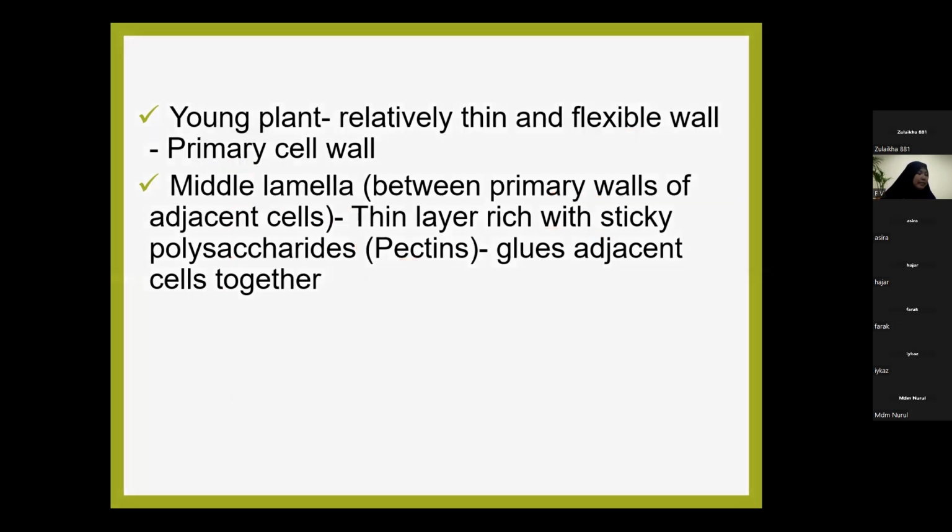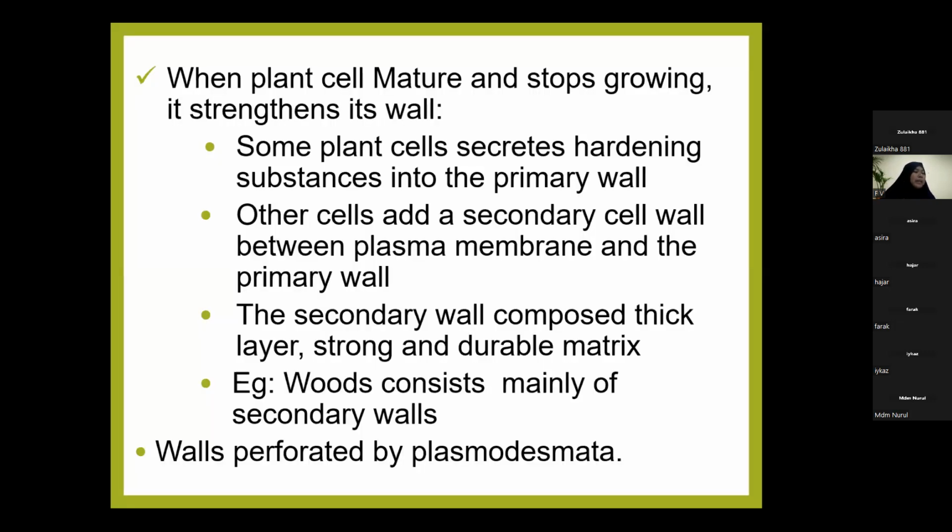Okay, right. Next, when the plant cell is mature and stop growing, so bila pokok dah makin matured, makin tua dan dah stop growing, it will strengthen the wall. Some plant cells secrete hardening substances into the primary wall. Sesetengah tumbuhan akan merembeskan agen pengeras. Ni, hardening substances. Bahan yang akan mengeras into the primary wall.